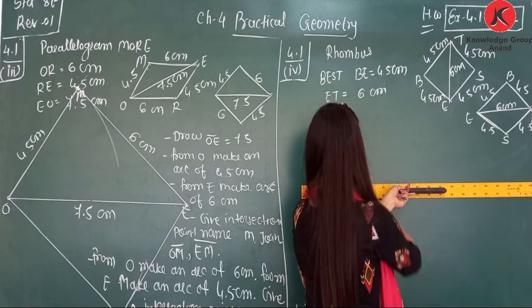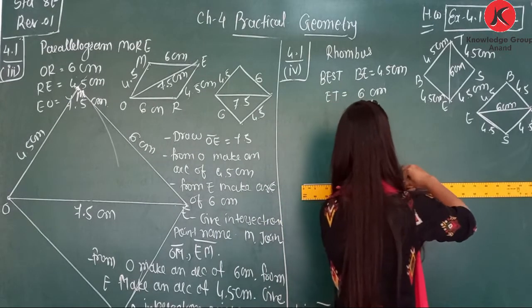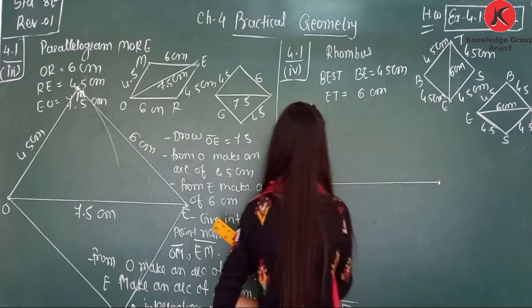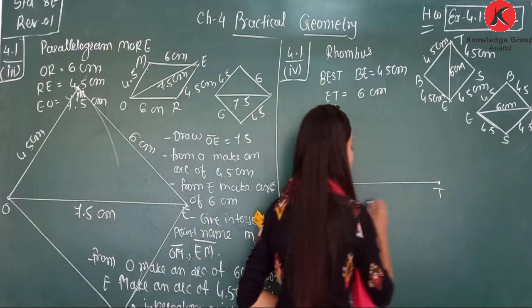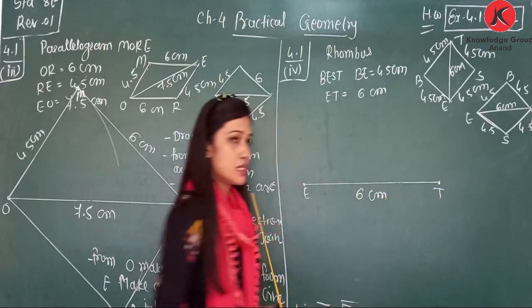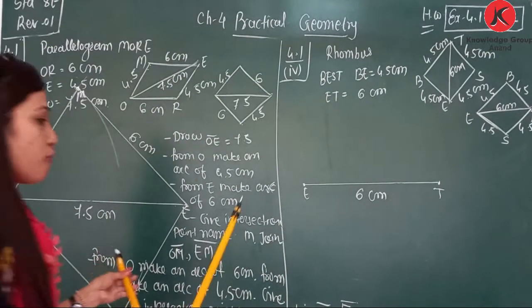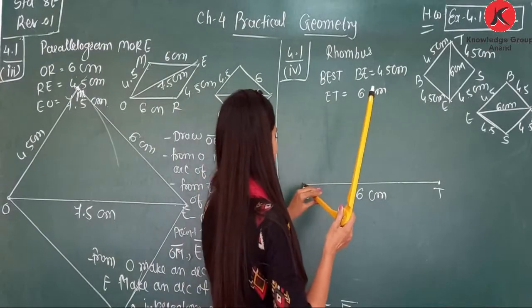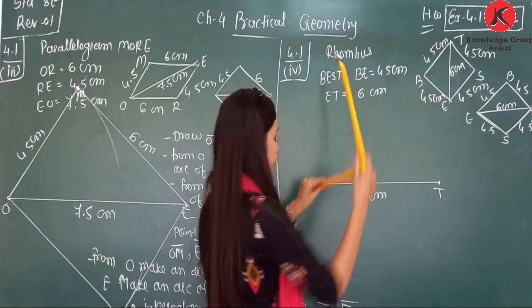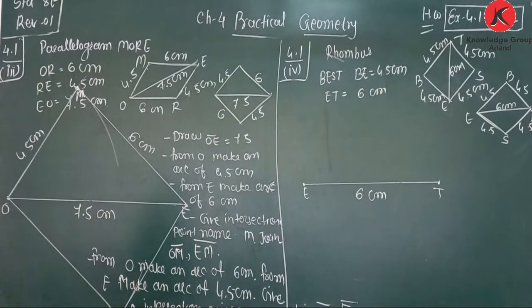The construction of rhombus is very easy because we need to only take the one measurement, ET. You need to write that draw ET of 6 centimeter. From E, make an arc of 4.5. So let's take 4.5 first.